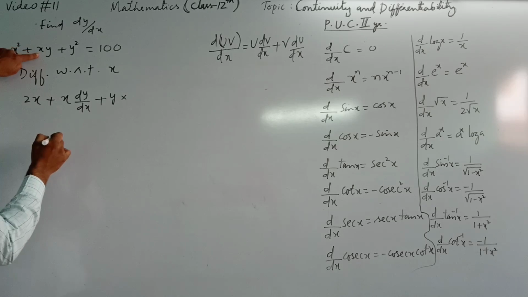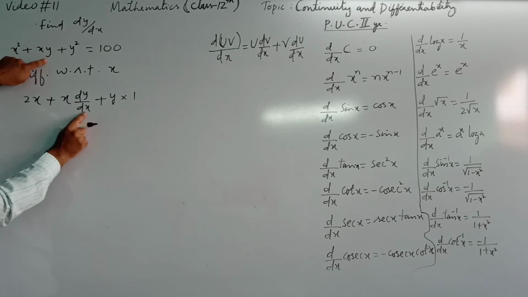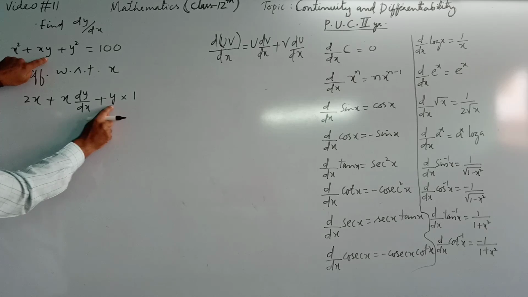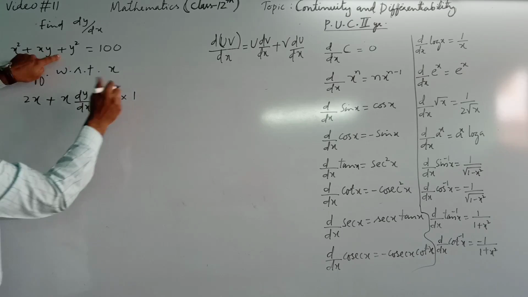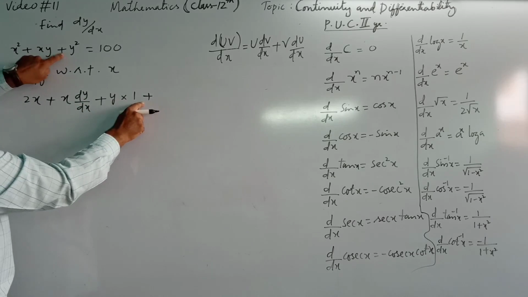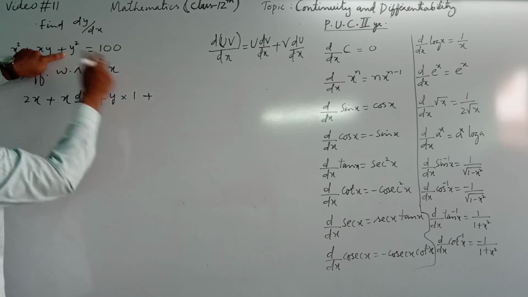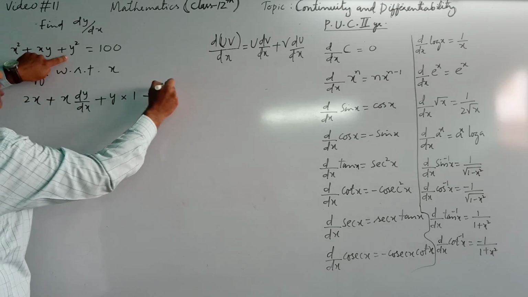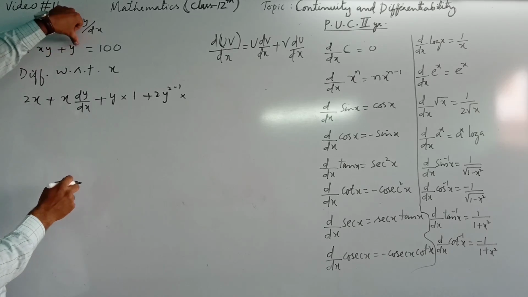It's x here, differentiation of x with respect to x is 1. First function kept as it is, differentiation of second, plus second function kept as it is, differentiation of first. Plus, so differentiation of this is over, plus y square, differentiation of y square is again in the form of x raised to n, right? 2 will multiply here, then power will decrease by 1, right? Into, then power is over, right?